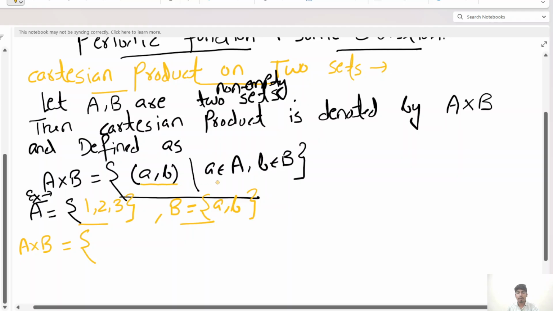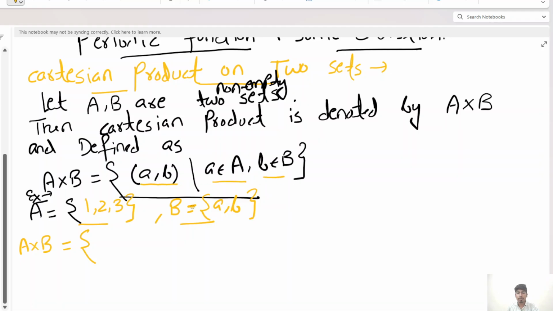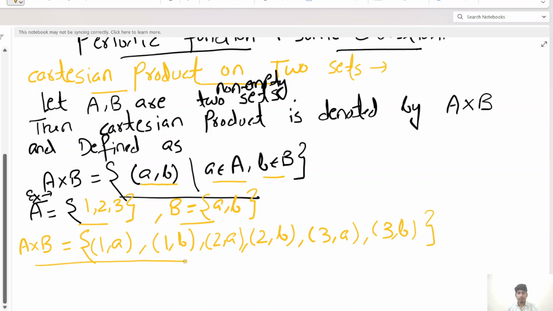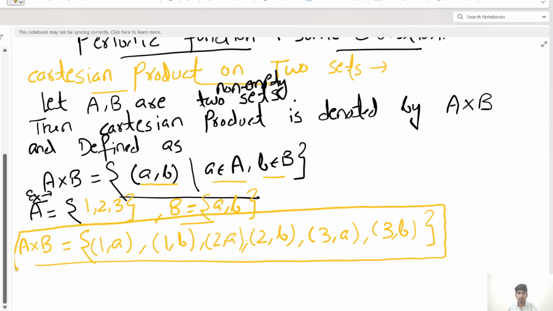Collection of all (a, b) such that a belongs to A and b belongs to B. Then (1, a), (1, b), (2, a), (2, b), and similarly (3, a), (3, b). So this is our A cross B set, the Cartesian product.